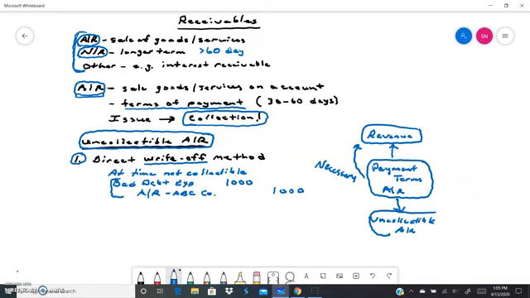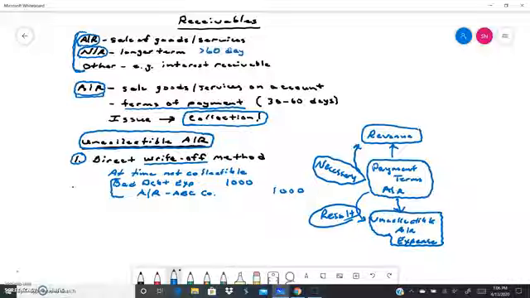And basically this is going to result in an expense. So the payment terms are necessary to generate the revenue, but they result in an expense. So if we think about this, the problem with the direct write-off method is that this entry here might come months or even years after the sale has taken place.